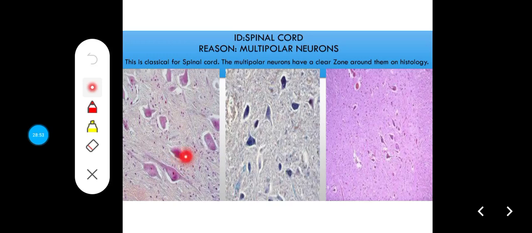Notice the clear zone around it. Same thing here. For all of them, you notice a clear zone around them. So those are the multipolar neurons. Same thing here, you can notice the clear zone around it.